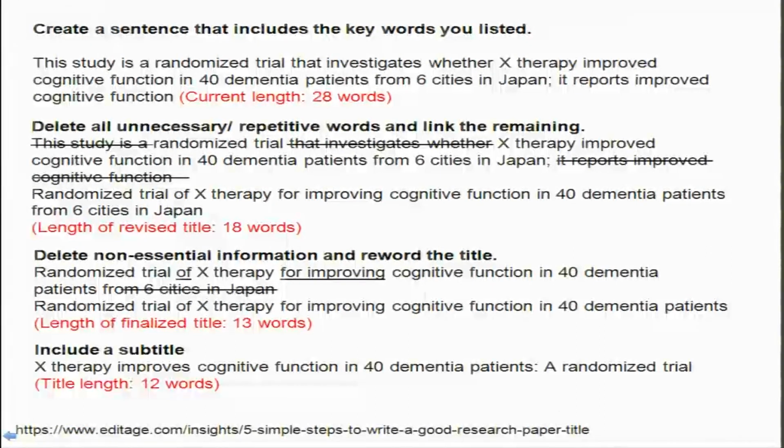Now you can also do some kind of reorientation of the title to make it more attractive. This is an alternate way of putting it. X therapy improves cognitive function in 40 dementia patients, and then colon, you make a subtitle that is a randomized trial. So the approach comes at the end, but you say the outcome first, so it carries much more impact.